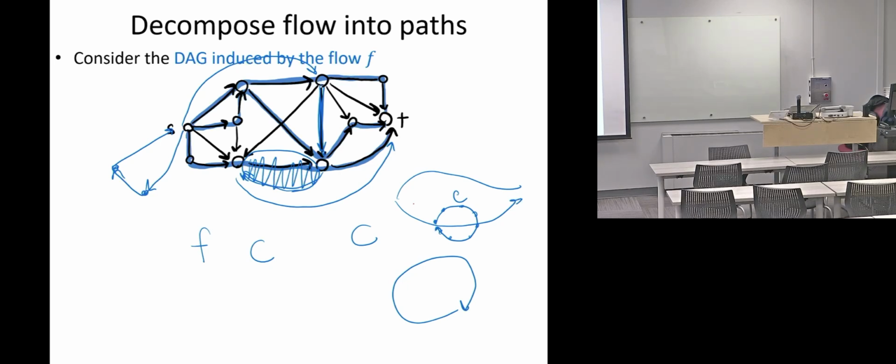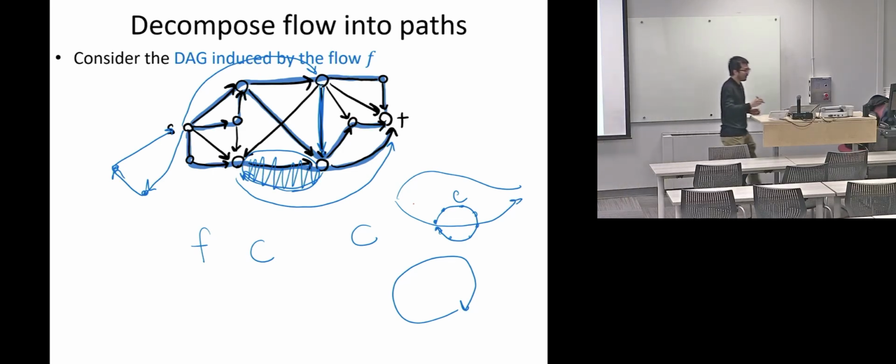So the net flow out of S is the same. So the point is that when you have a flow, once you identify a cycle, remove it. It's still a flow with the same value.